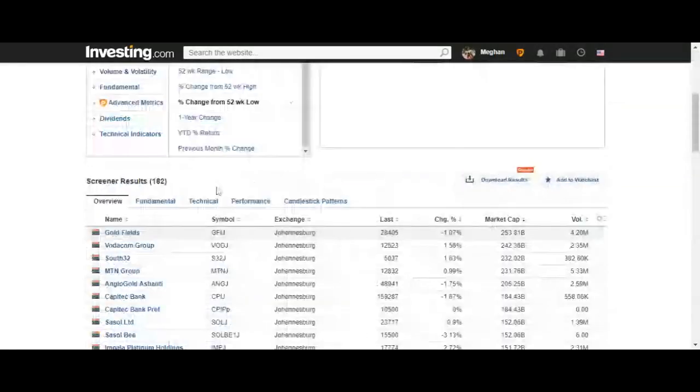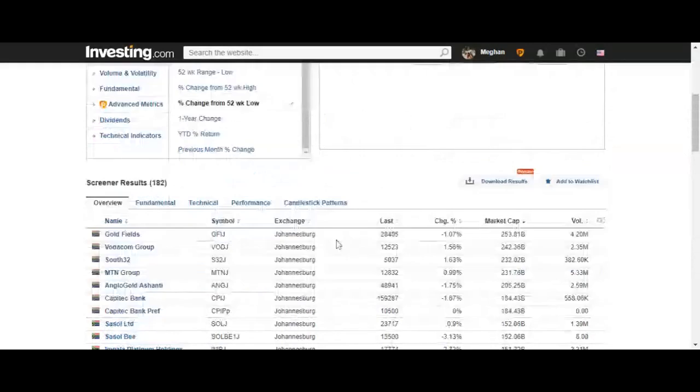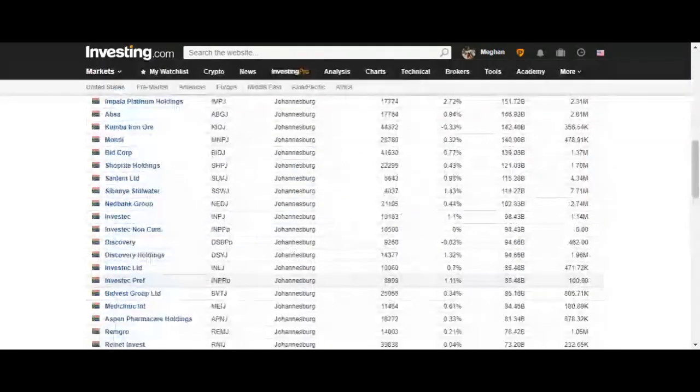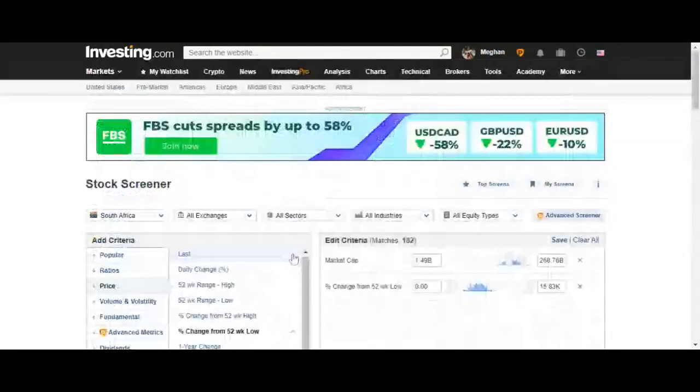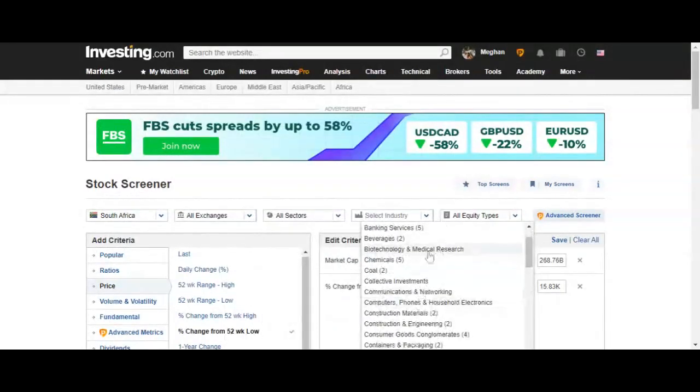If you wanted to take a short position, you could go find all the shares that had moved very strongly in a particular direction, the ones that made you feel like they were due for a correction. You can choose between sectors. If you're bullish on financials, but you're not necessarily bullish on healthcare, you can weed out the ones that you're not interested in. Again, subsectors.